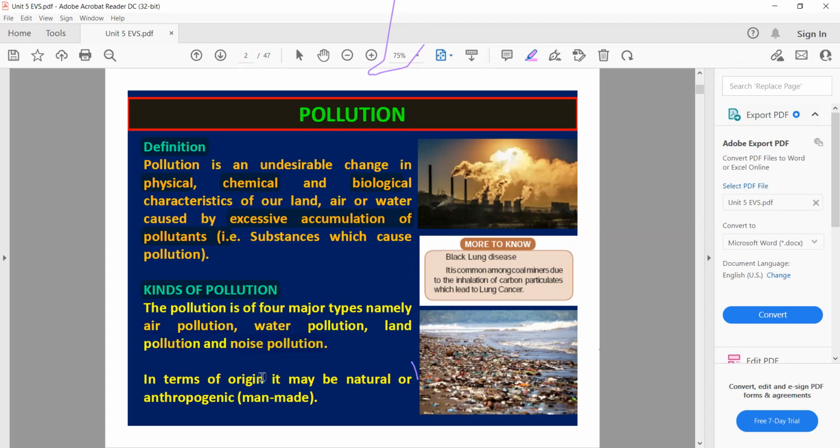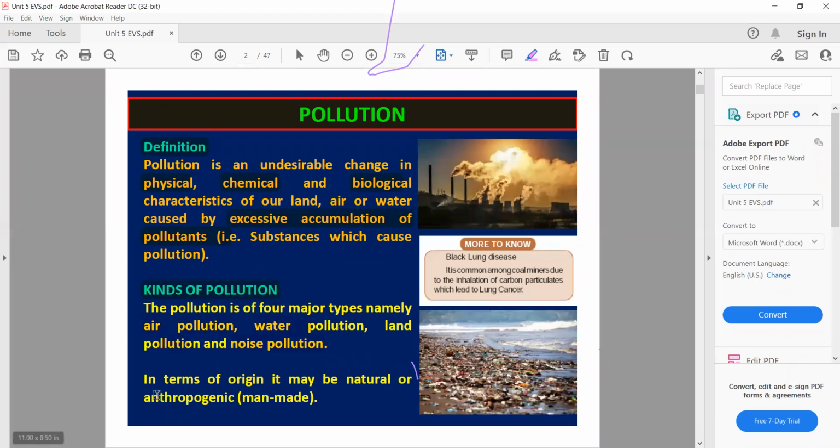There are multiple other pollutions also, but for your environmental class, you only need to know these 4 in a little more detail. It's not that you will have to know huge things here. You will only have to know a little more about these so that you can answer 1 mark, 2 marks, and 5 mark questions.